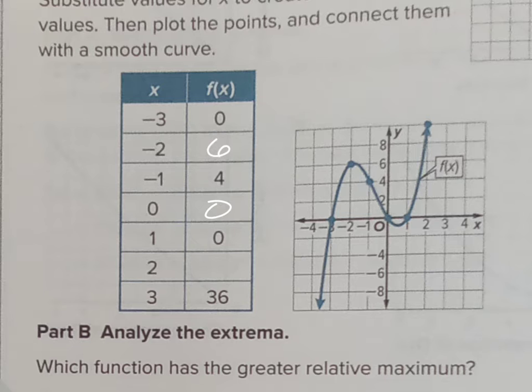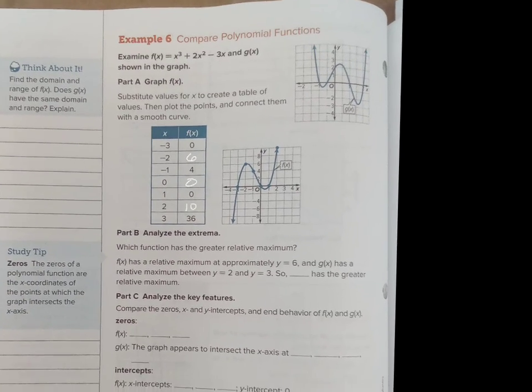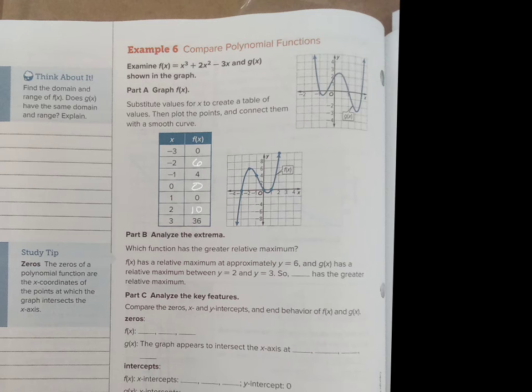Yeah, I think you're going by 2, so 10. Okay. And so then you got this graph. So now we're going to compare the two. Which function has the greater relative maximum? Well, we kind of already did this, so which one has the greater relative maximum? You're comparing Y values here.